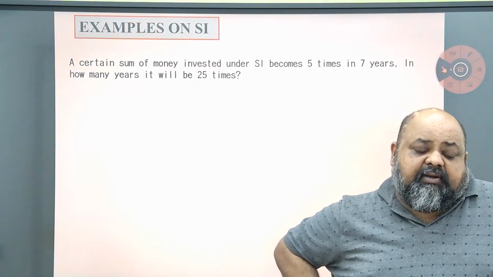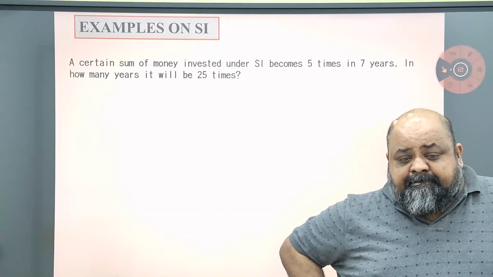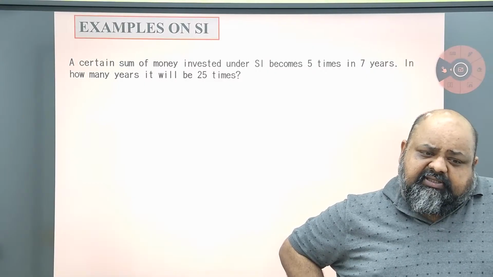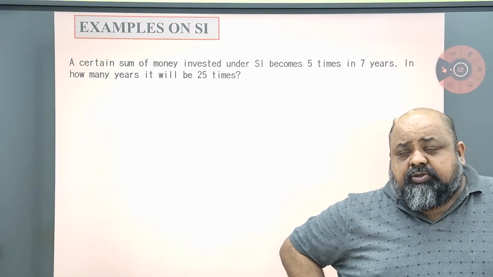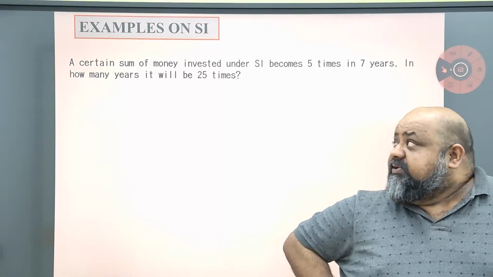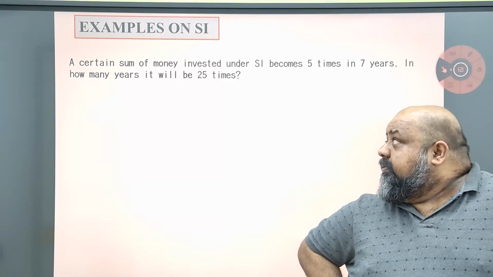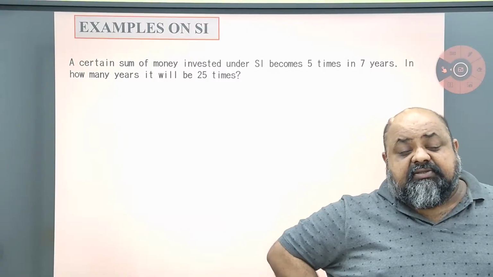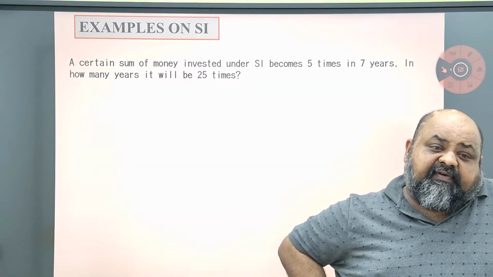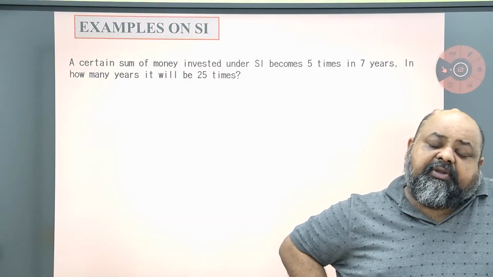Might just take a minute and try to solve this question. So if I invest 1000 rupees, it will become 5000 rupees in 7 years. 1000 rupees now has to become 25,000 rupees. How many years will be required?